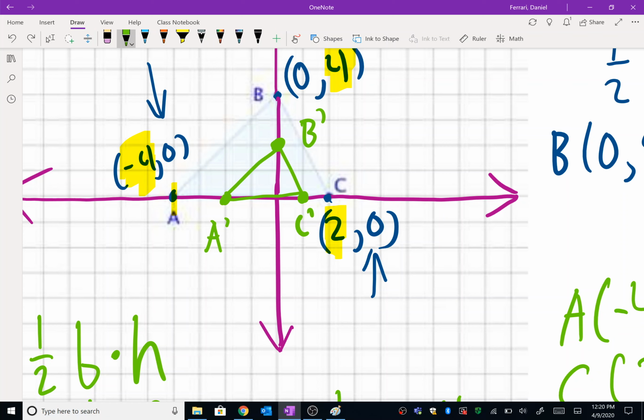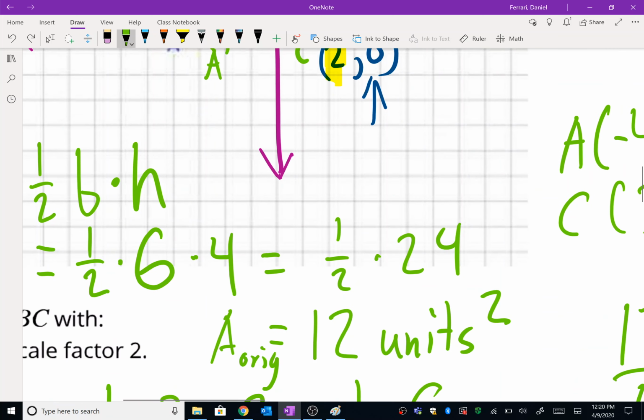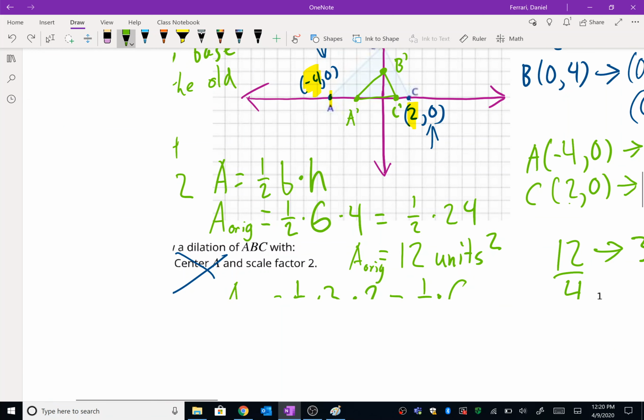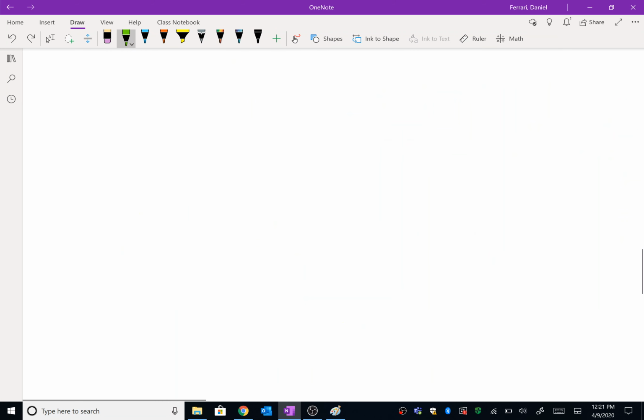So it turns out that dilations change the sides, they change the length of them, but the angles stay the same. So my answer for my third one here would be the angles don't change. Sorry, my computer is struggling a little bit.